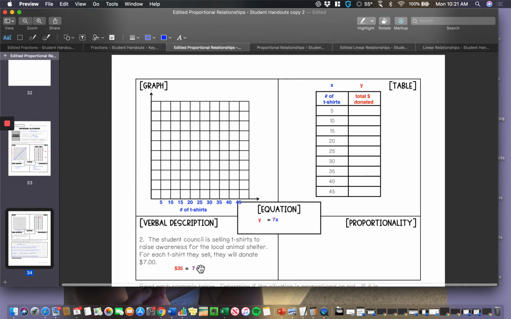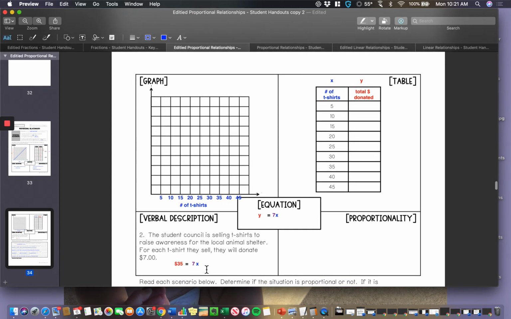So, what do I know? I know that each t-shirt is $7. So, they basically want to know the total amount donated for 5 t-shirts. Well, 5 t-shirts is going to be $7 times x, which is 5, will give me $35.